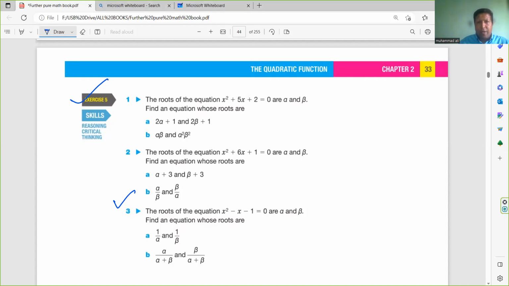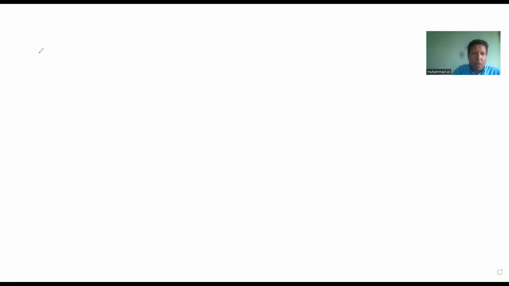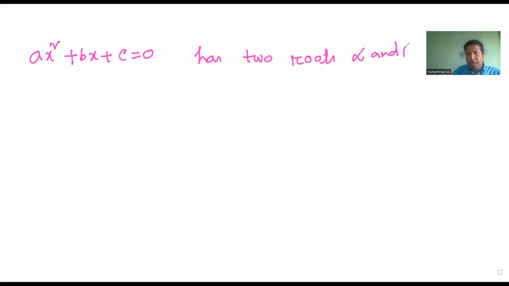Okay. So before starting this maths, we have to discuss how we can use the formula: ax square plus bx plus c equals 0 has two roots, alpha and beta. We have to find the sum of roots. Alpha plus beta equals minus b by a.